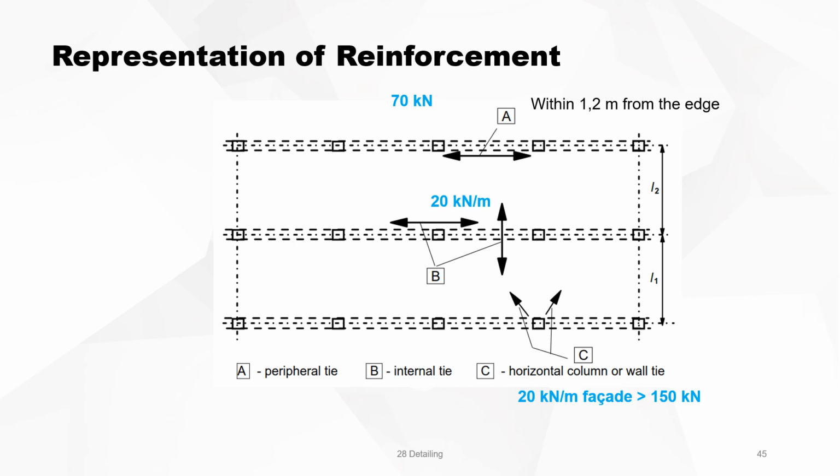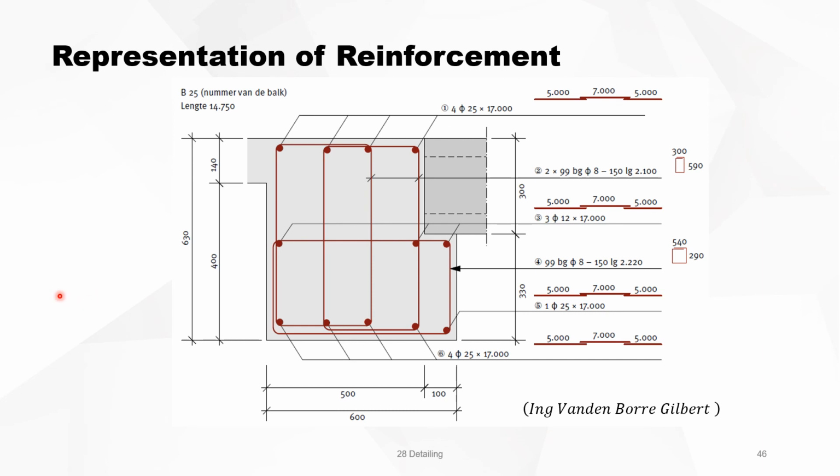And this is then a typical example of a reinforcement drawing. I borrowed it from Gilbert van den Borre. And this shows how a cross-section of a beam is indicated in reinforcement.